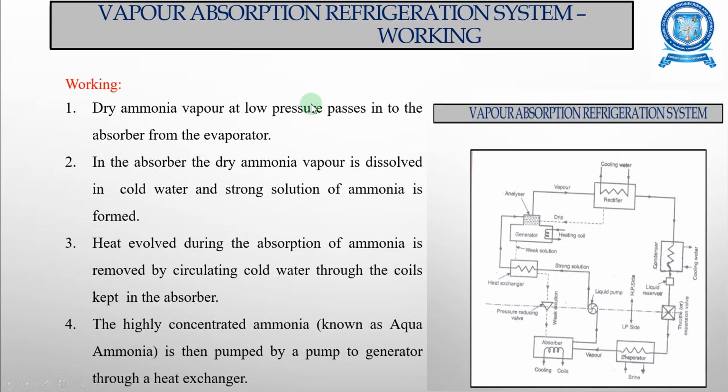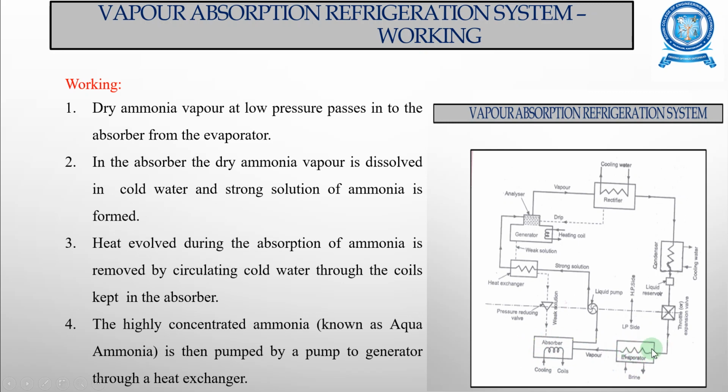Coming to the working of this absorption refrigeration system, you can see here, dry ammonia vapor at low pressure passes into the absorber. You have the absorber here, and here you have the evaporator.